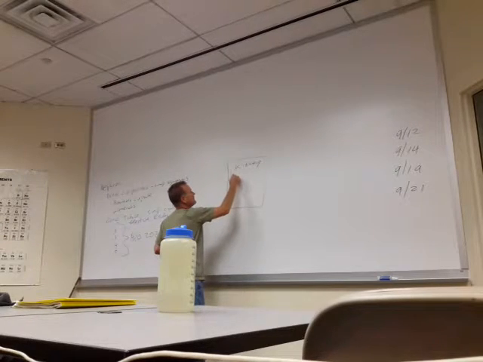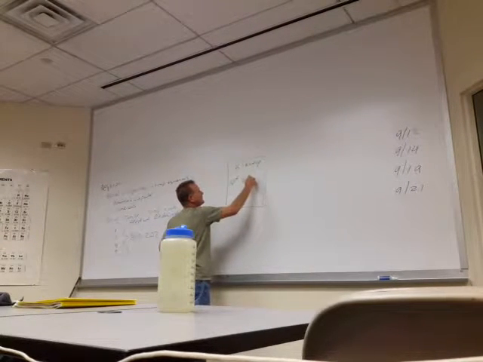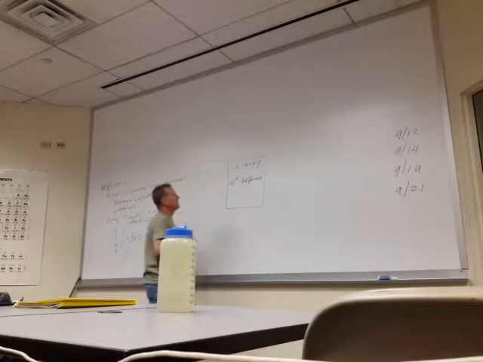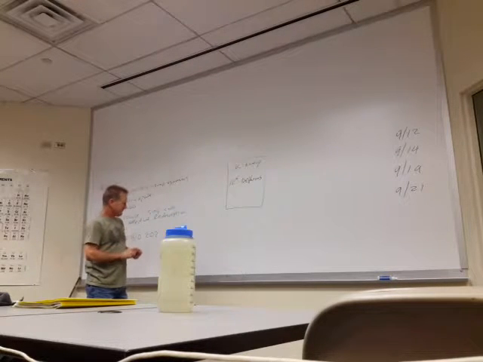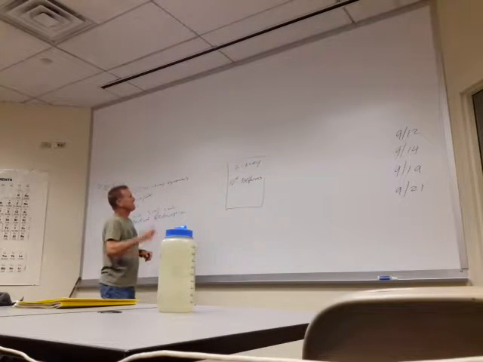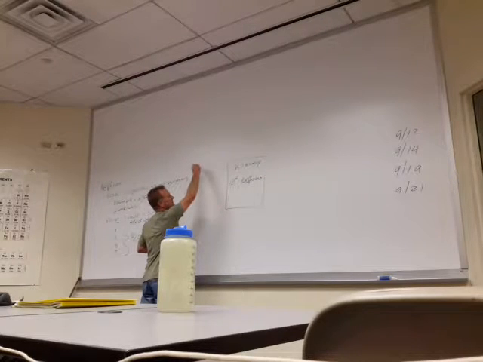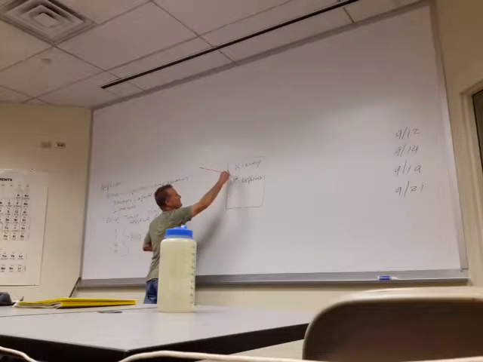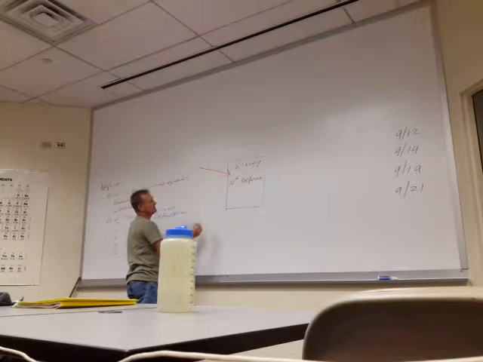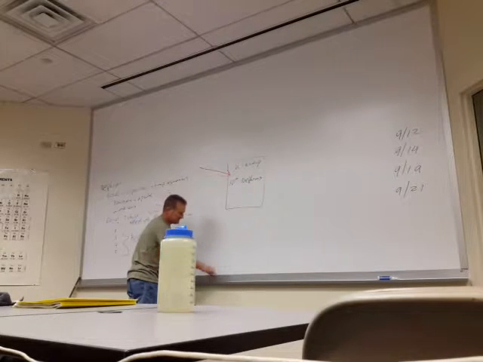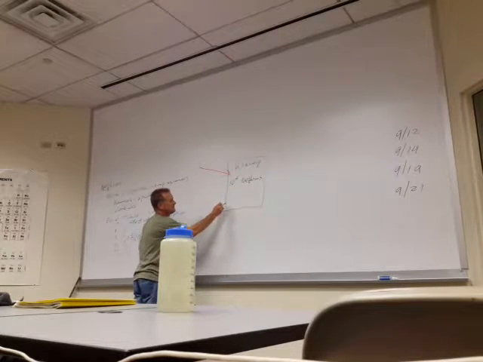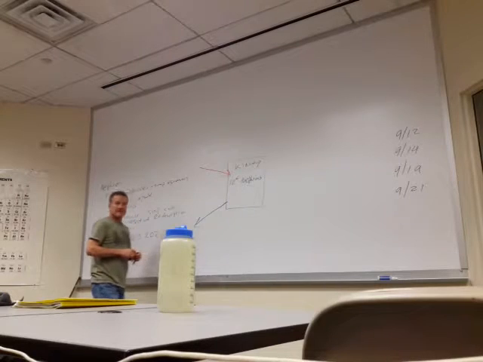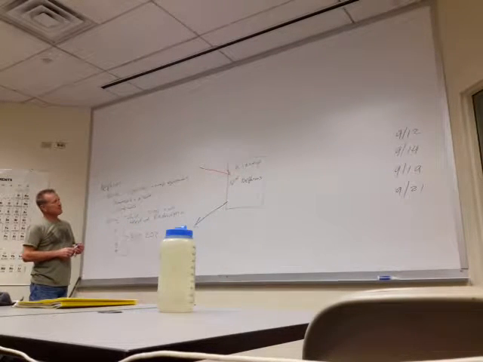there's a kidney containing millions of nephrons. I'm using red for a reason, so make sure you do as well. Blood goes into the kidneys. Blood comes out of the kidneys.